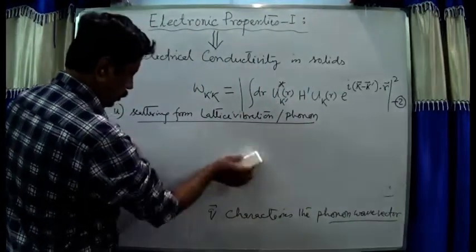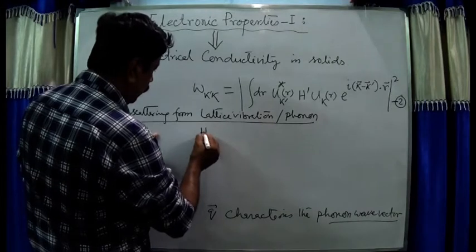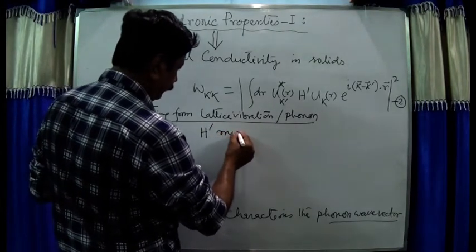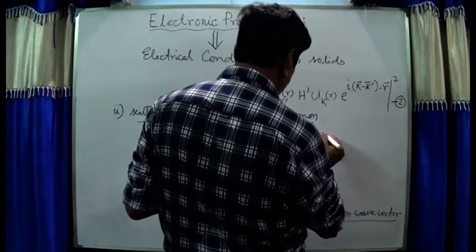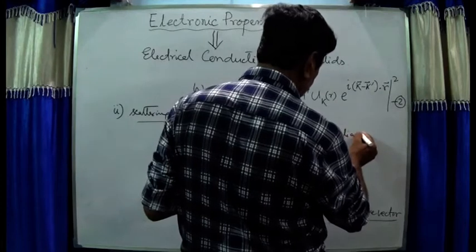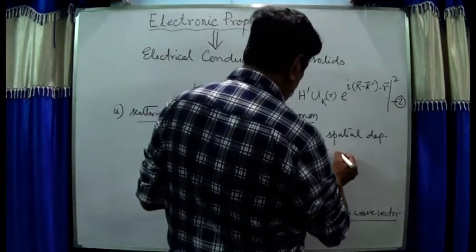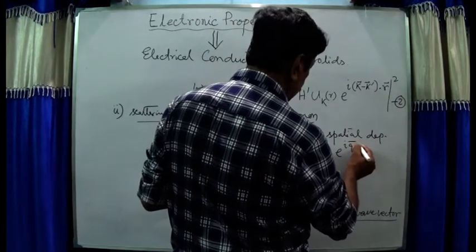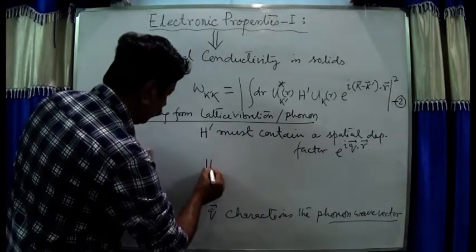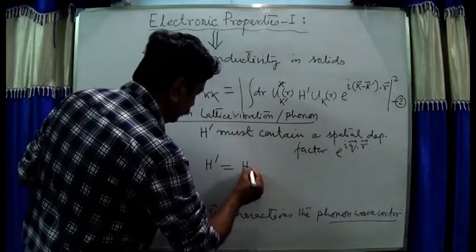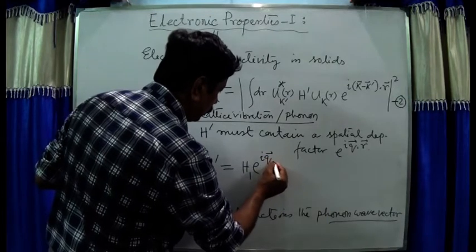Now, because of this phonon, the H prime must contain a space dependent factor of the type e to the power i Q dot r, which implies that we can write H prime as some factor H1 times e to the power i Q dot r.